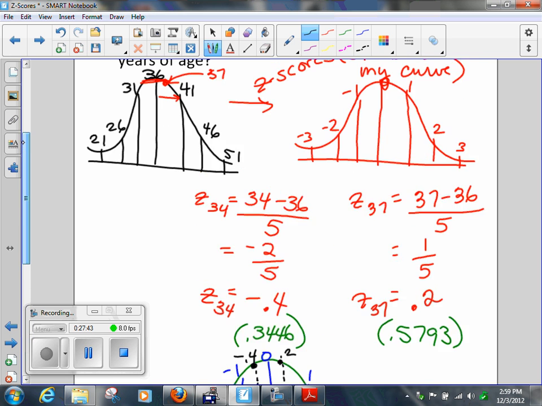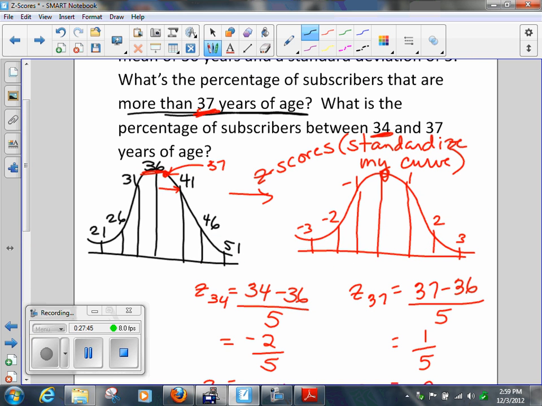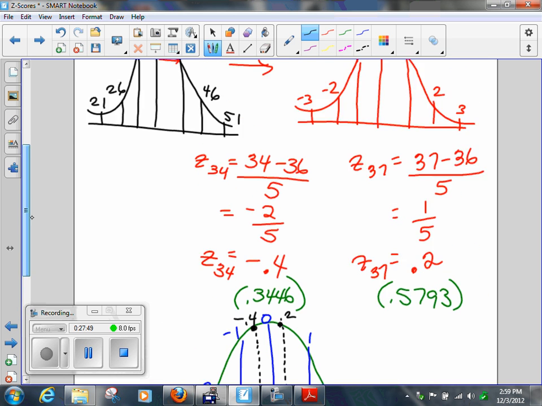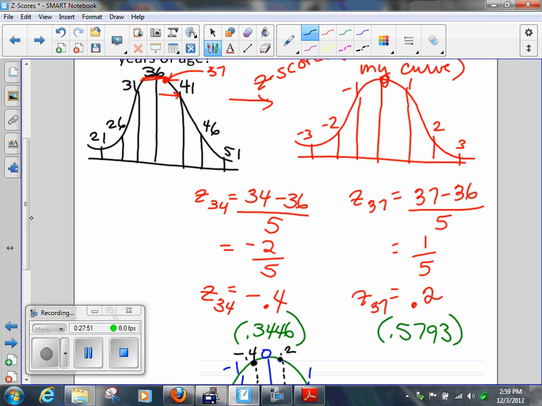Go back to the problem. It says, what's the percentage of subscribers that are more than 37 years old? Well, folks, if this is over here for my 37-year-old, at 0.2, this portion of the graph is 57.93. That's below it.